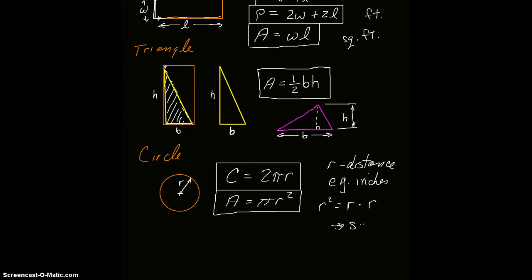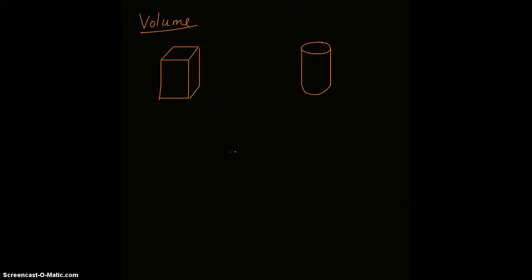Square inches or square feet or whatever the unit was. So remember, square feet has to do with area. Right, so the pi r squared is area, 2 pi r is circumference. We have two more equations to look at, and they have to do with volume.